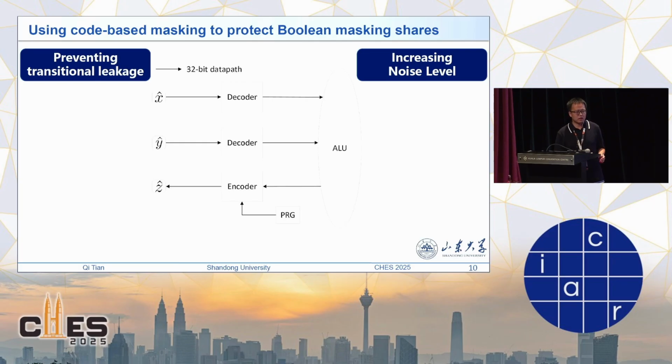The decoders are only activated when our custom instruction is executed, while the encoder is optional. In addition, we use the PRG to produce random numbers. Before final encoding, we can optionally XOR the ALU result with a random number to refresh the randomness of Z-hat.